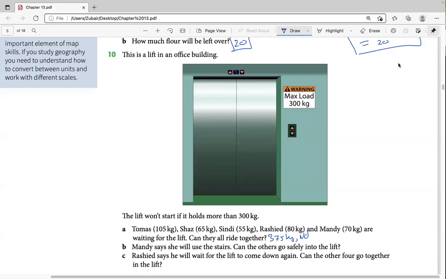He wants to make sure that this is not a guess. You just have to write it on paper. We can write 375 and then no. We don't have to write 105 plus 65 plus 55 and so on.